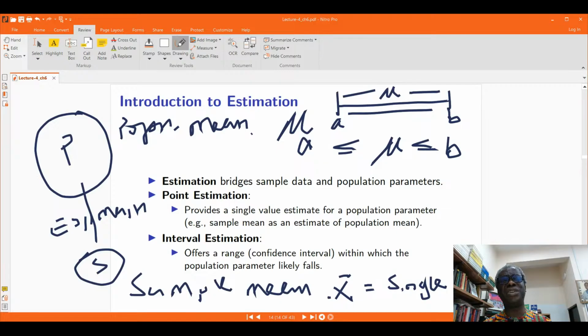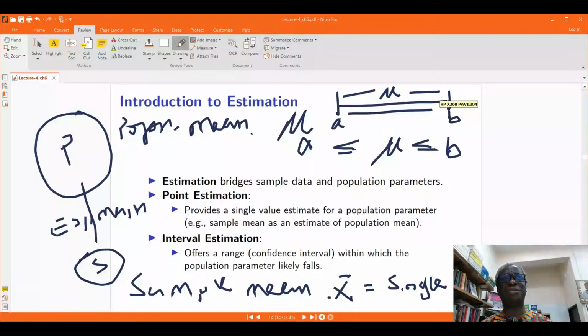Alternatively, I can say, okay, given some circumstances and so on, your age will lie between 18 and 21. So 18 is your A, 21 is B, and I say, okay, your age should be in this range.